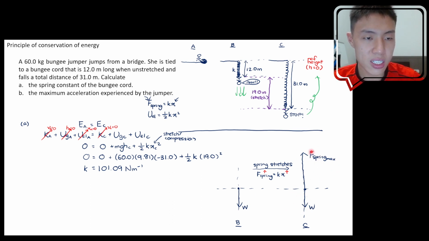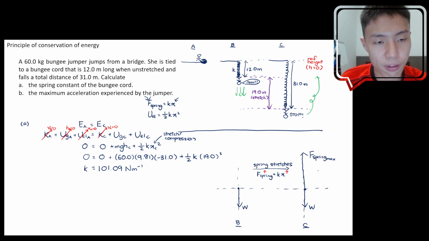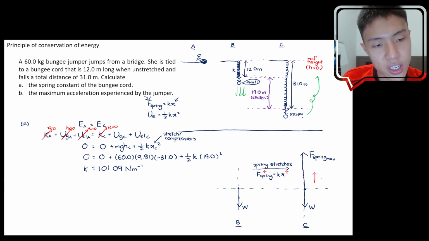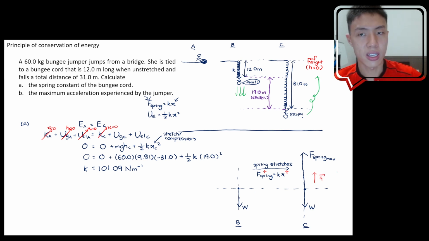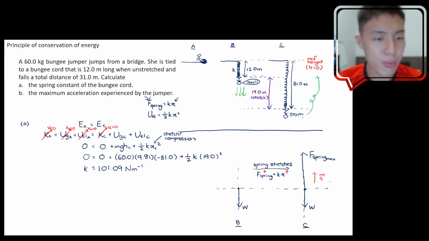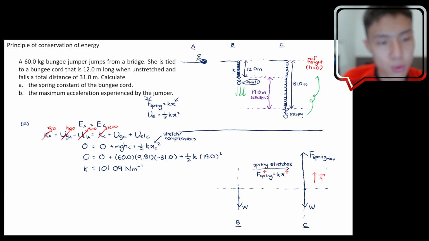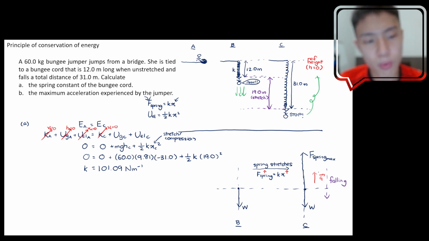Because this restoring force is larger than the weight, your net force will be pointing upwards, and therefore your acceleration is pointing upwards. Your acceleration is pointing upwards, but your motion is going downward. You are falling, but your acceleration is pointing upwards.